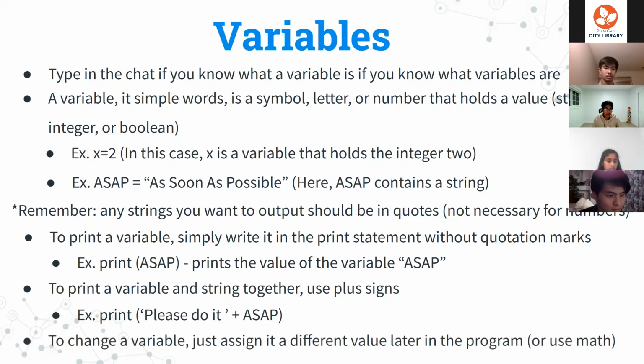And you can also change variables. You can use plus, minus, divide, multiply, all the normal math operators, to change your variable values. And you can also set your variable values to something else using the equal sign.